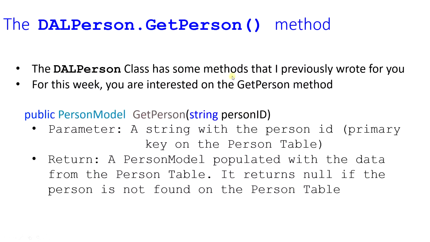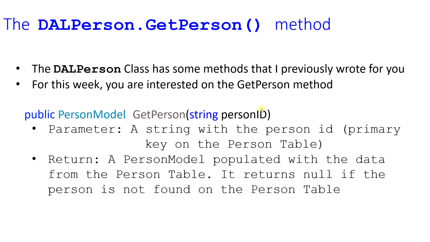The DAOPerson class has a method called getPerson. This method returns a person model, and it requires a person ID as a parameter. The person ID is something that by now you should have in your session.